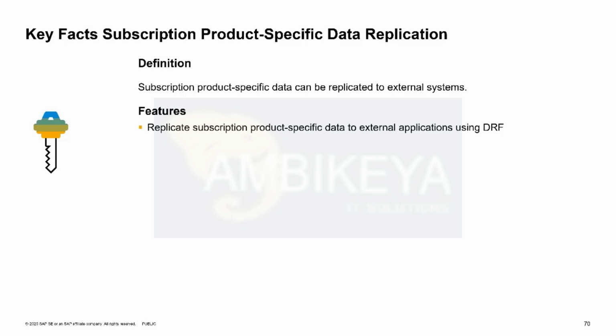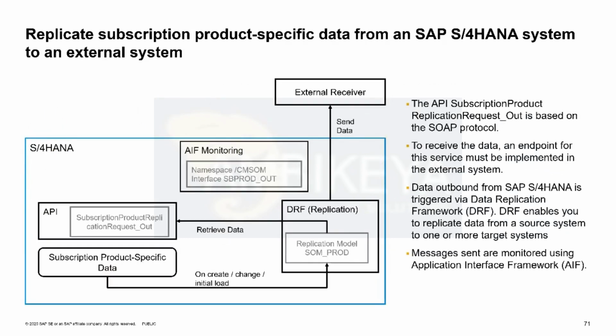What happens here is we have our subscription product specific data, and when we create or change that or initial load happens, then the data replication framework is informed about it.